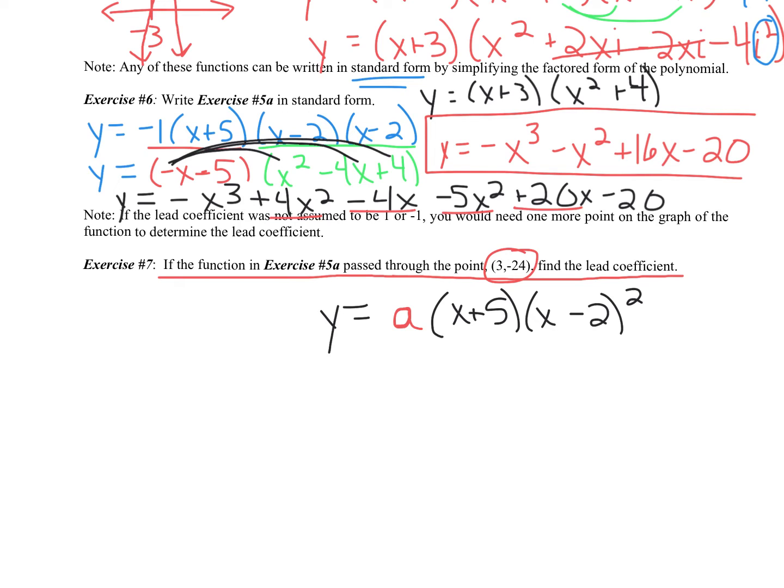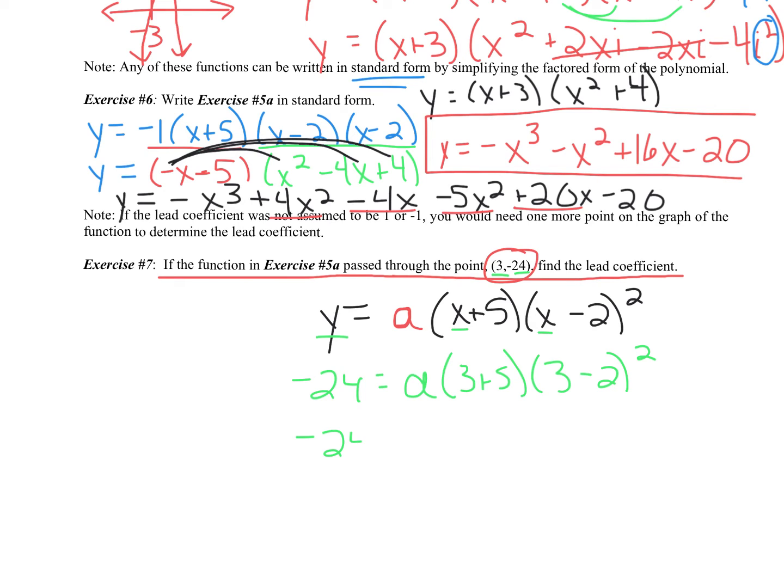So basically, all we have to do when we don't know the lead coefficient is plug in the point 3, negative 24 for x and y. So the y is negative 24. We don't know the value of the lead coefficient. Here, this would be 3 plus 5, and then 3 minus 2 squared.